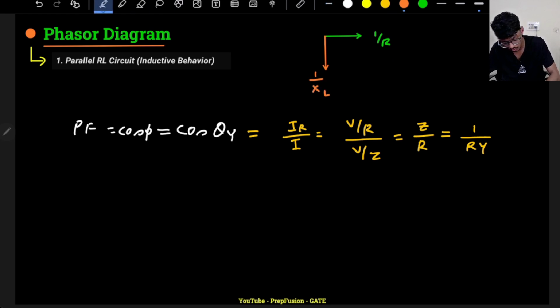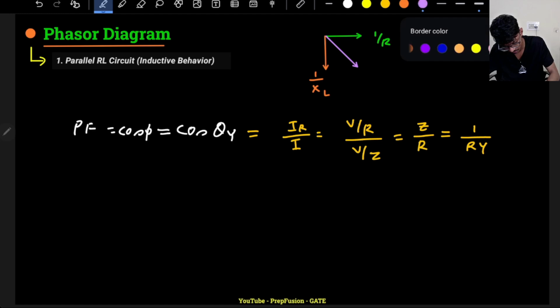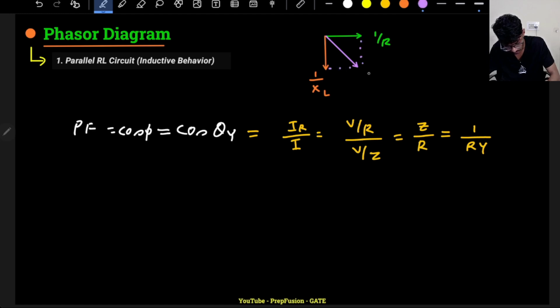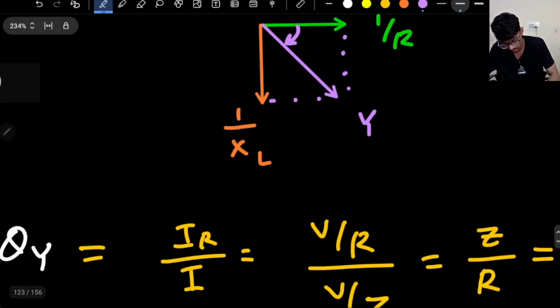The resultant is somewhere here, and this is my Y. So what is theta Y? Theta Y is this one, the angle from the resistance.